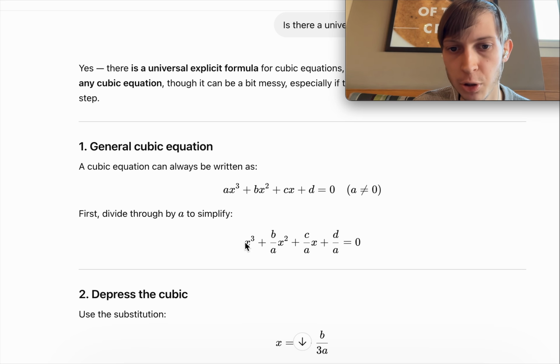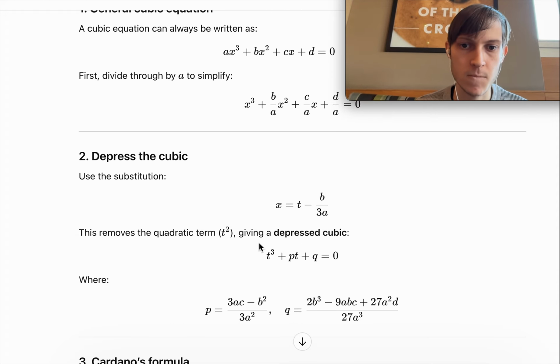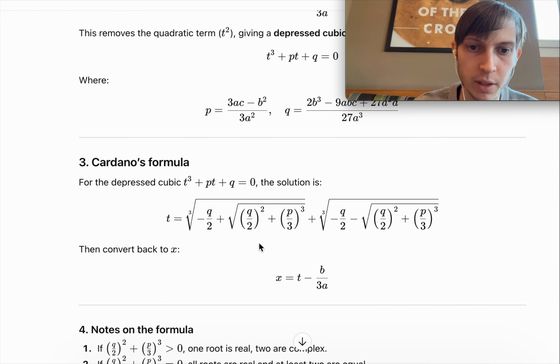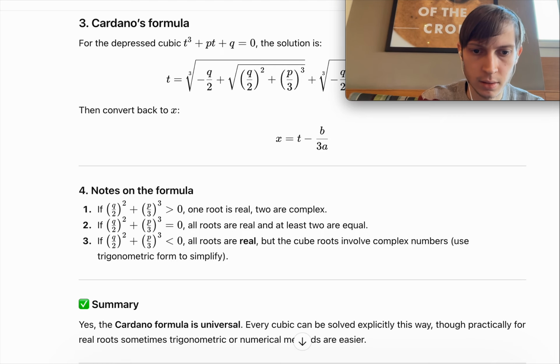We want the coefficient of x cubed to be 1. And we have Cardano's formula, but one that can take a polynomial with the second degree included.